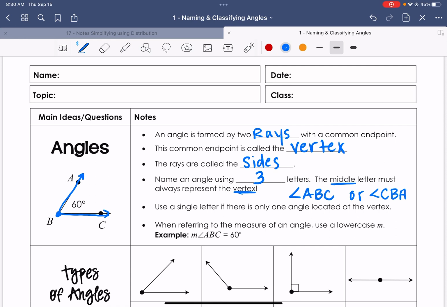Because it's the only angle there, we could name it by a single letter and just call it angle B. When you want to talk about the measure of the angle, you just put a little M right in front of the angle sign, and then we know you're talking about the measure of the angle ABC.